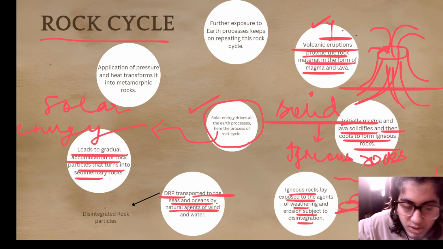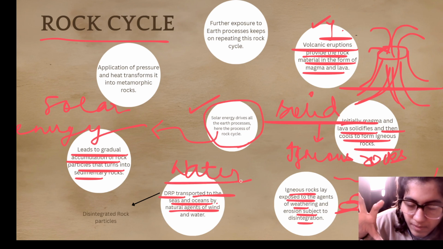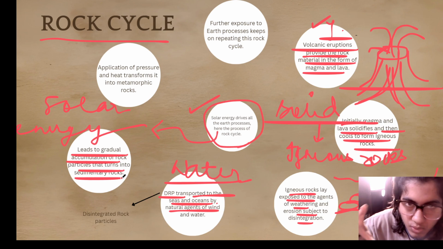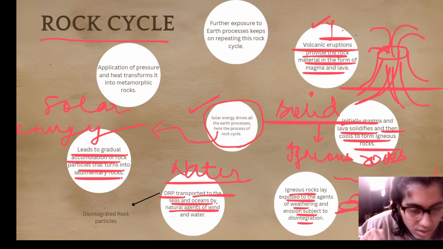They accumulate with the help of water. Water hits them and they come closer to each other. Then this leads to gradual accumulation of rock particles that turn into sedimentary rocks.